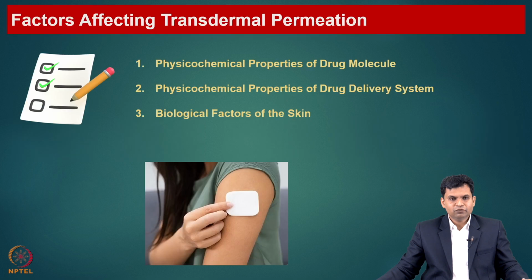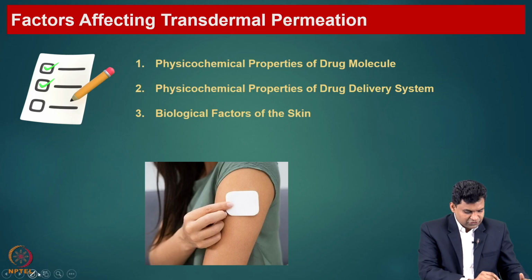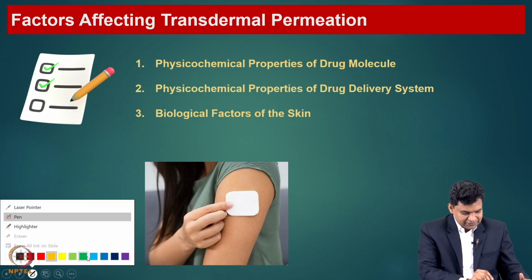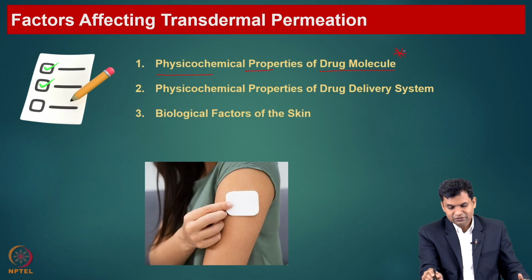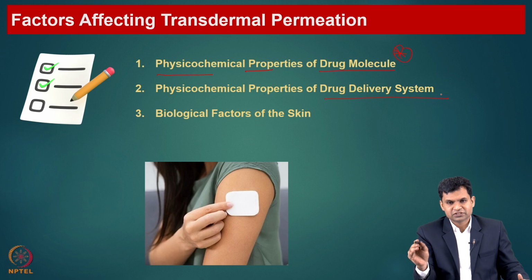So, today we are going to discuss the factors affecting transdermal permeation. Here we can classify them into three categories. The first one is the physicochemical properties of drug molecules, and the second is the physicochemical properties of drug delivery systems, nothing but dosage forms.